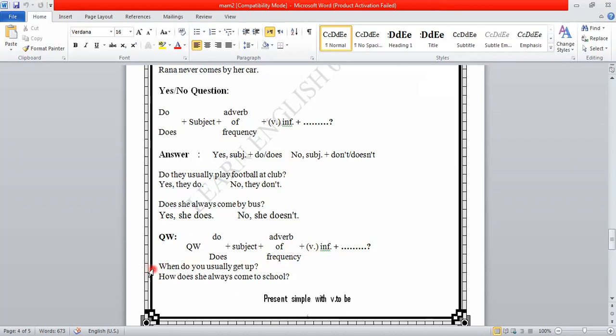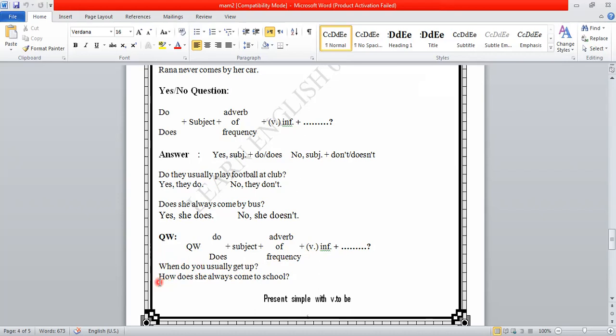Who will read the first example? Okay, come on. When do you usually get up? When is the question word. Do is the helping verb related to the subject you, and usually is the adverb of frequency, and the main verb is get up. Okay, the second one, Ahmed.